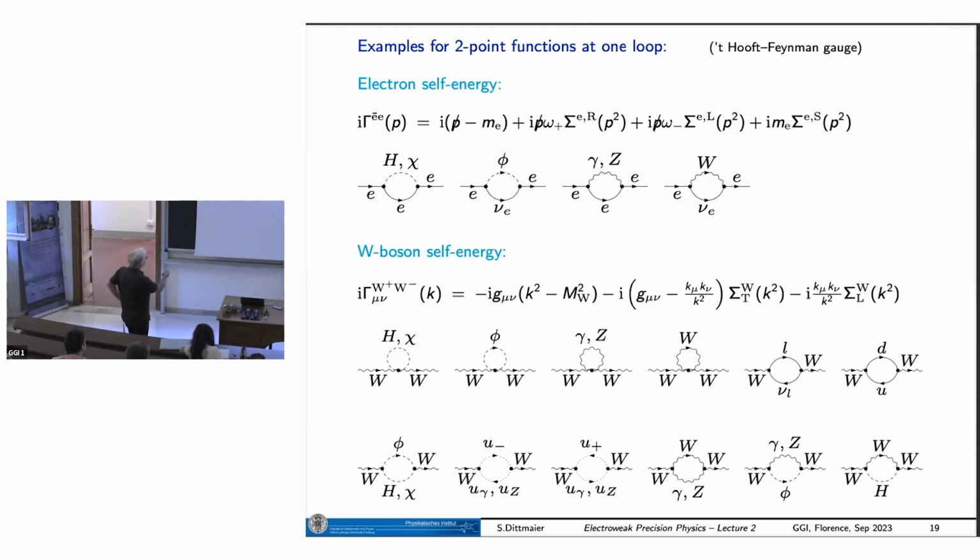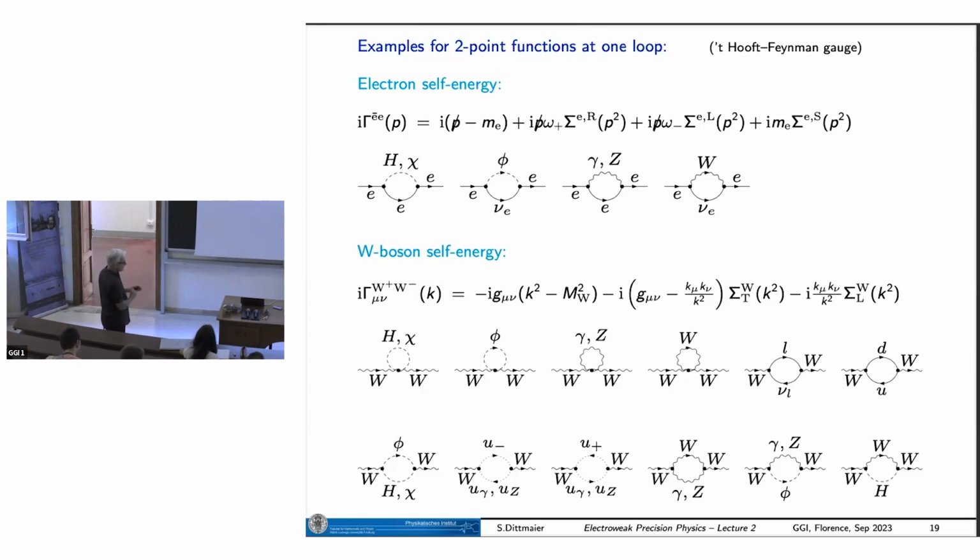Similarly, you can do it also for the electron. The electron is represented by a Dirac spinor, and the 2-point function is something like the outer product of 2 Dirac spinors. If you think about rows and columns, it's not a scalar that you get by multiplying a row with a column, like in matrix multiplication.